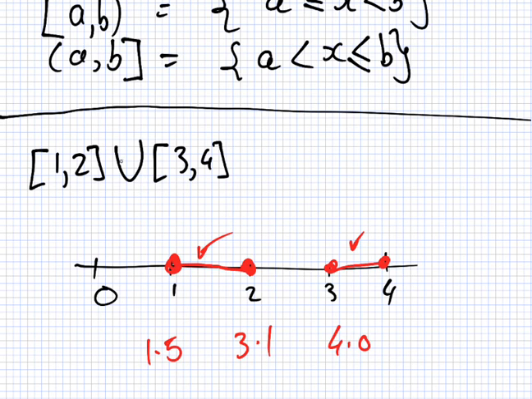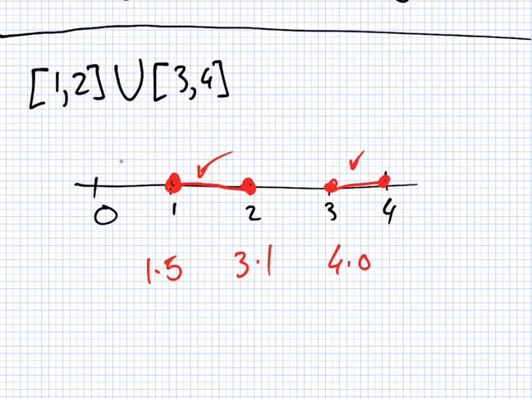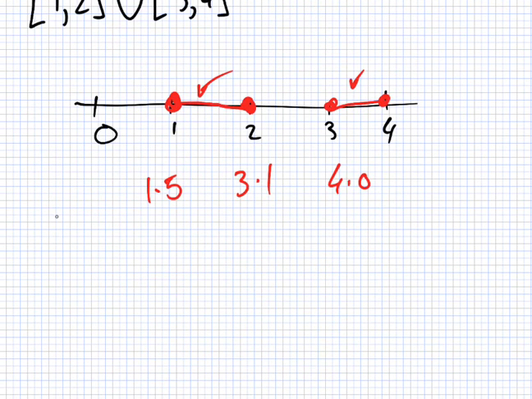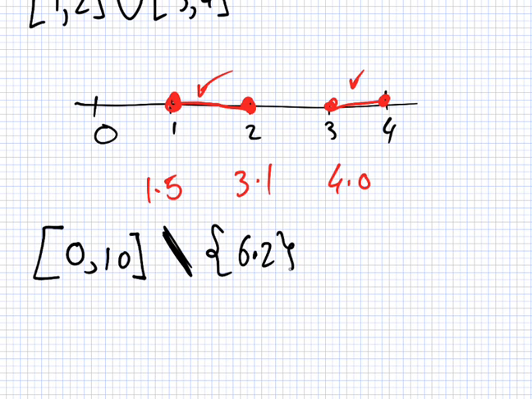And the last thing I want to show you, which is convenient, is how to exclude. So for example, if I write this, all the numbers from 0 to 10, including 0 and 10, exclude 6.2. That means every number from 0 to 10 except the number 6.2.